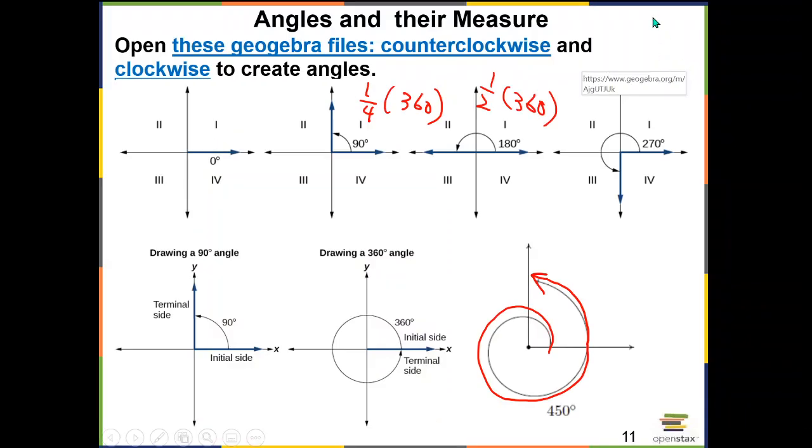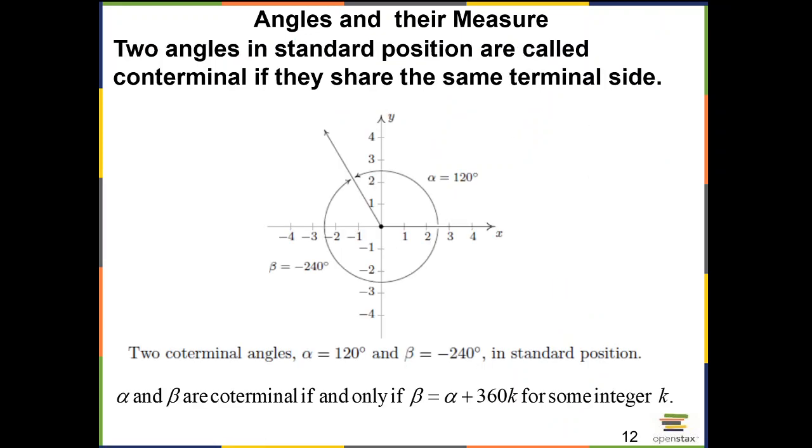Now, two angles in standard position are called coterminal if they share the same terminal side. For example, here, this angle has that terminal side, and the angle that starts from here, is negative, and goes this way also has the same terminal side.